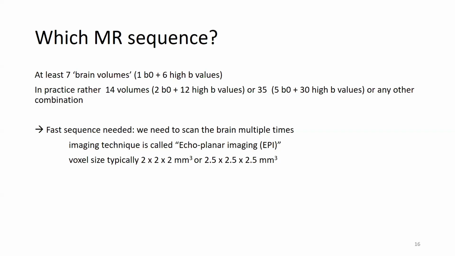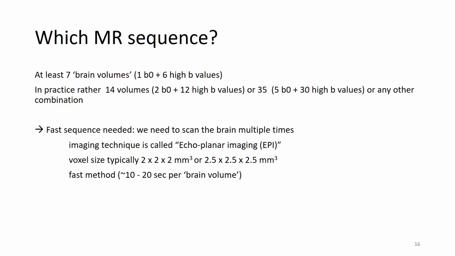So again, we do want a faster scan here, and because we want it faster, we go to slightly more ugly images. They're not that nice, but good enough. So again, the fast method, and here we use only about 10 to 20 seconds per volume. So I have maybe only 10 seconds for the B0, 10 seconds for a certain direction, 10 seconds for the other direction.